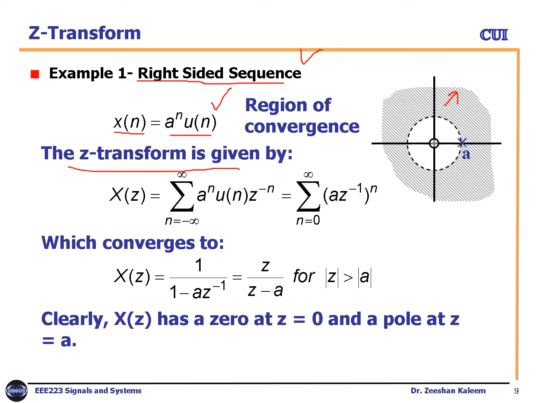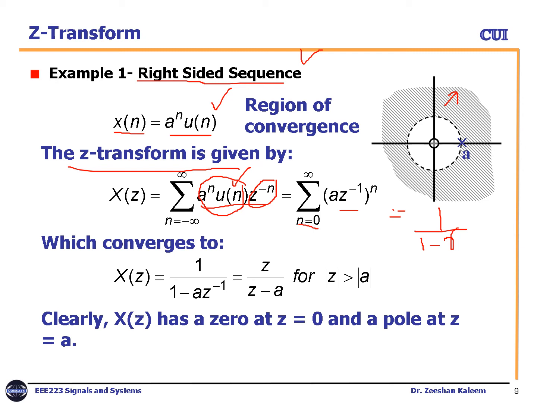So the Z transform is given by the sum of a^n u[n] z^{-n}. So this is your x[n], and this is your general z^{-n}. By combining a and u and changing the limit from 0 to infinity, because the limit is from 0 to infinity due to the unit step function, we get the sum of (a z^{-1})^n. By the power series, the sum of r^n from 0 to infinity is equivalent to 1 over 1 minus r.